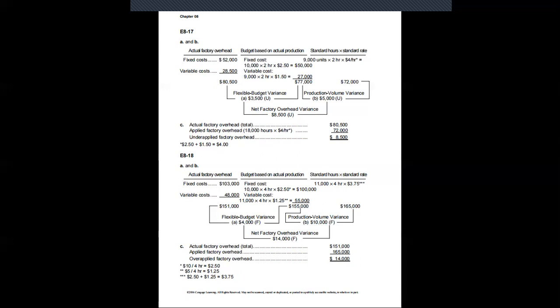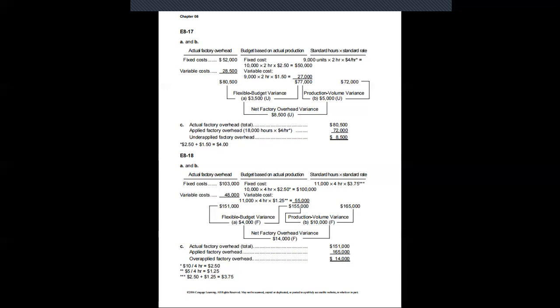So in letters A and B, we have now the actual overhead, the fixed cost of 52,000 factory overhead incurred, meaning the actual factory overhead, the variable of 28,500, so the total of 80,500.